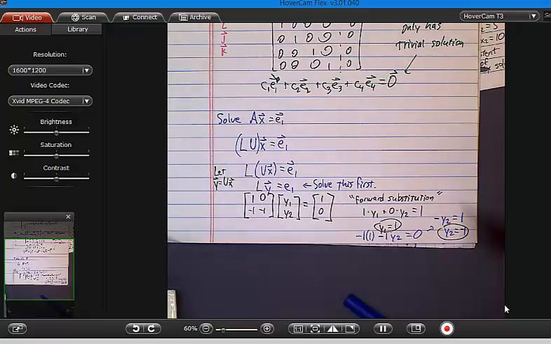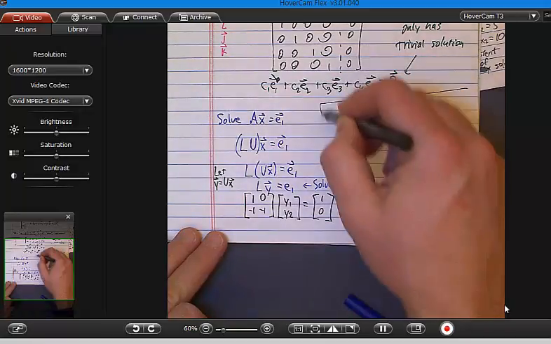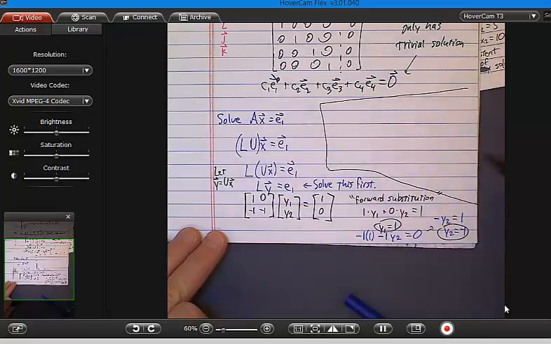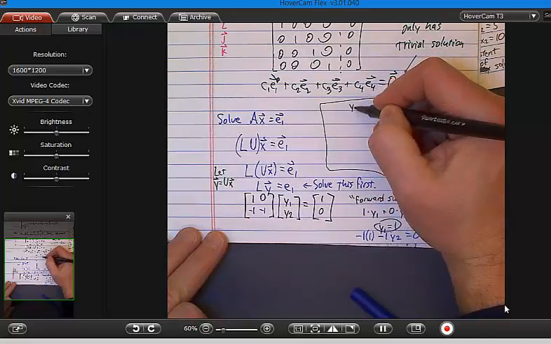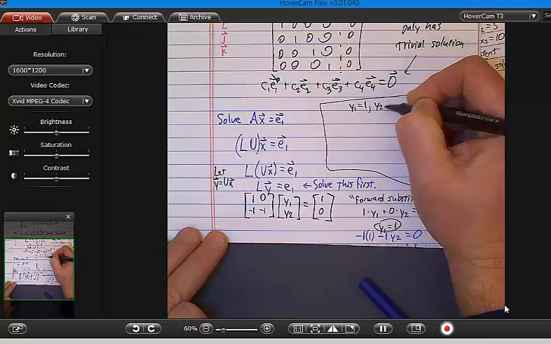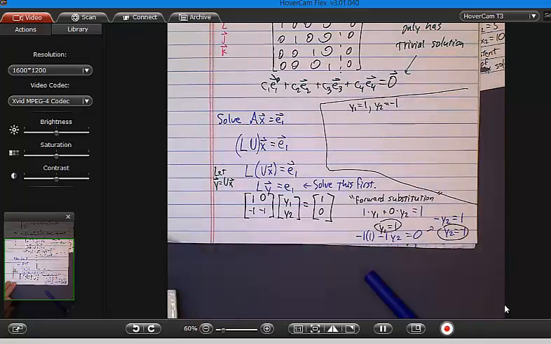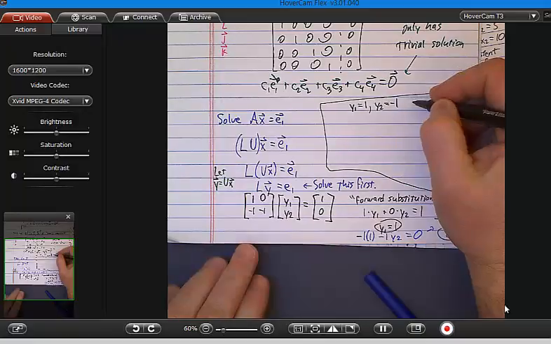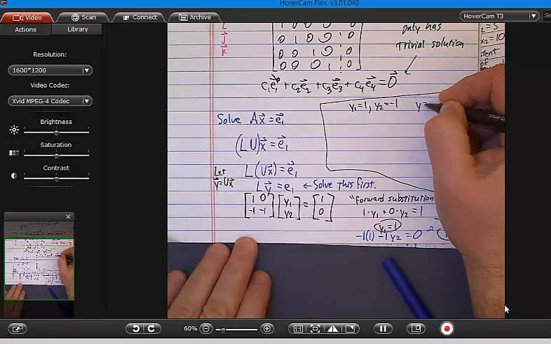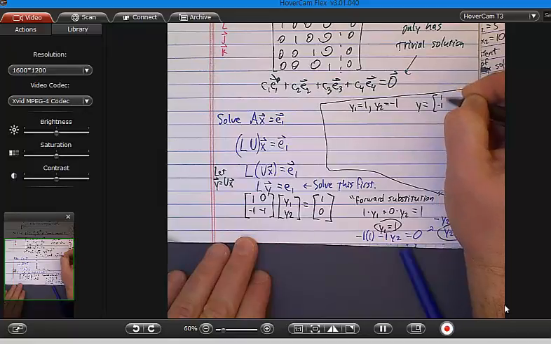I guess I'll finish right in here. y1 equals 1 and y2 equals negative 1. So now, what do we know? y is equal to 1, negative 1, right?